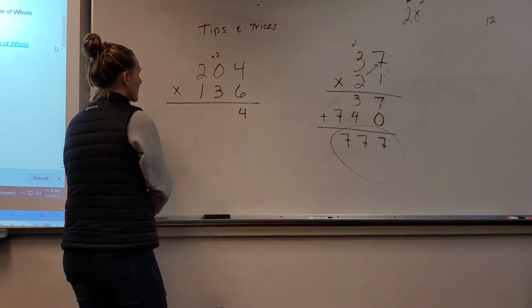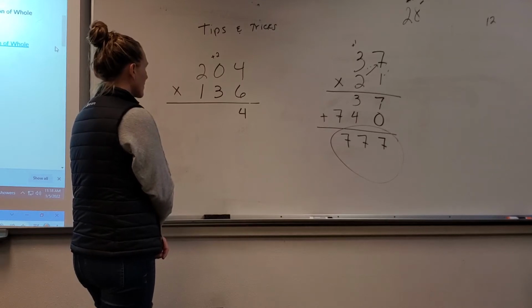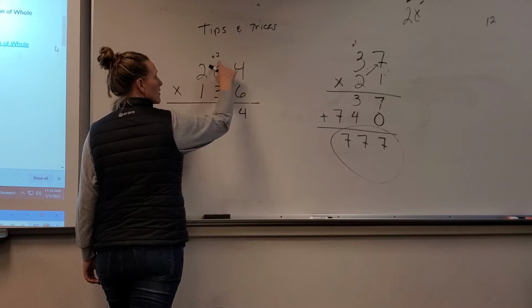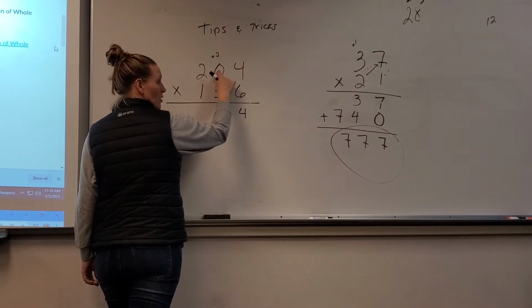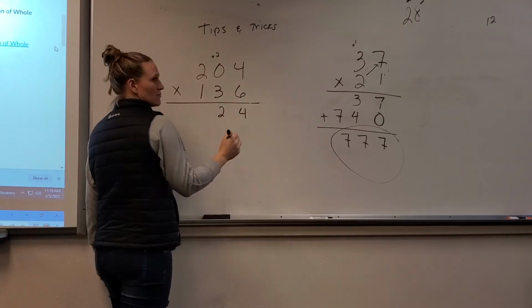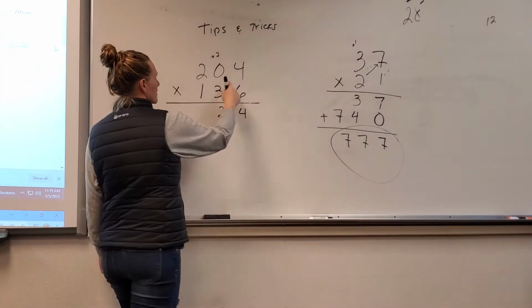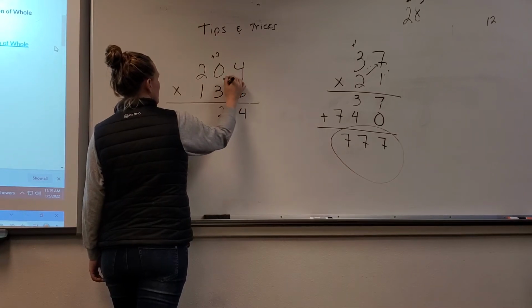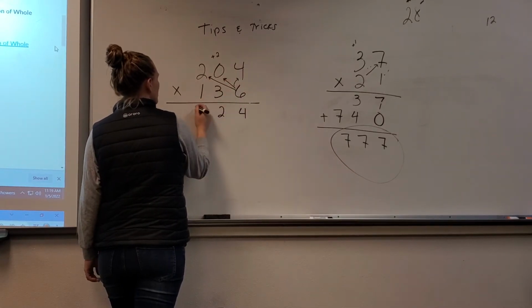Then 6 times 0 is 0 plus 2 is 2. Good. So 6 times 0 is 0, but we have to add 2, so that 2 comes straight down. And then isn't it 6 times 2, which is 12? Yes, so we went 6 times 4 first, then 6 times 0, now 6 times 2, which is 12.